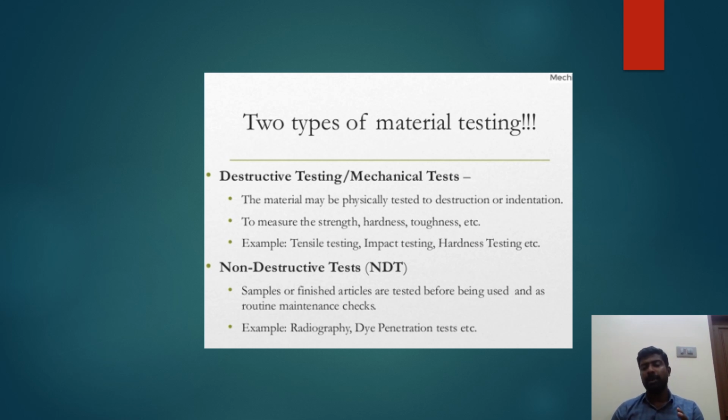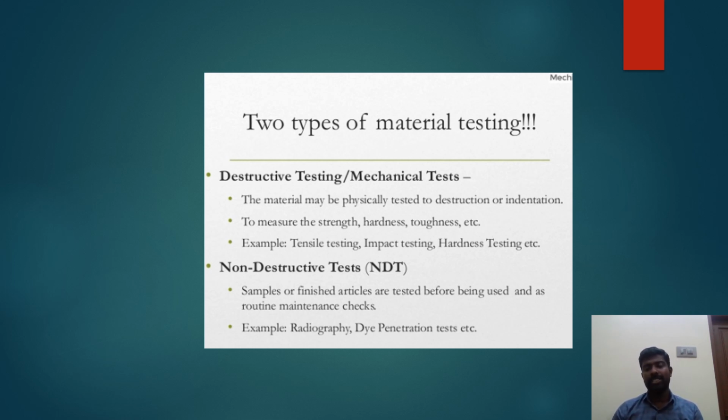It means that the particular specimen or material cannot be reused. This type of destructive or mechanical testing is normally used to measure strength, hardness, toughness, etc. Examples of mechanical or destructive testing are tensile testing, impact testing, hardness testing, etc.